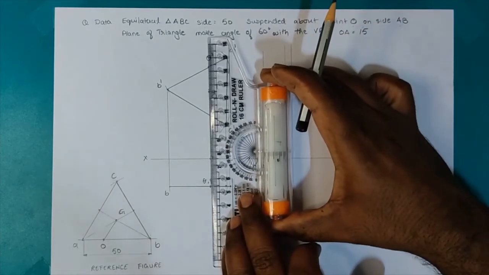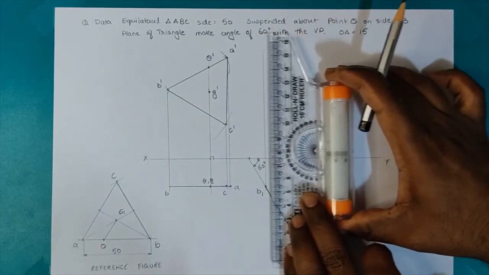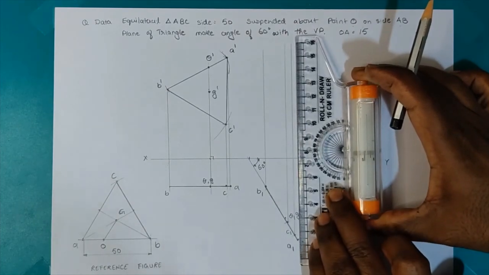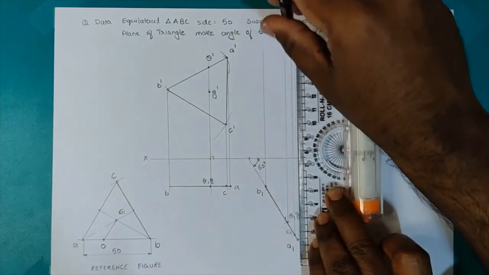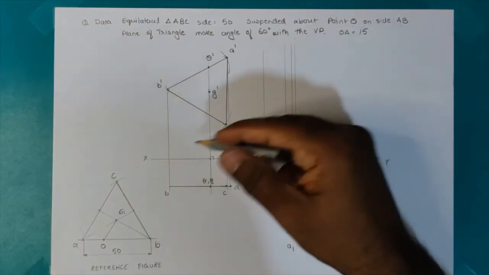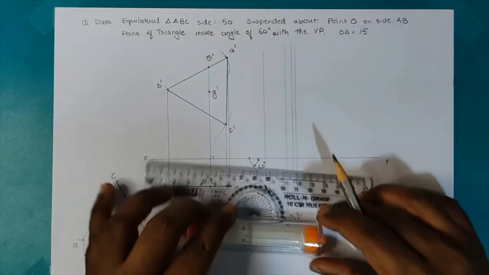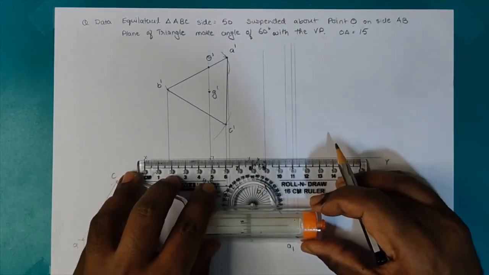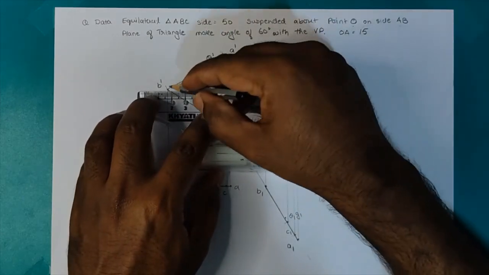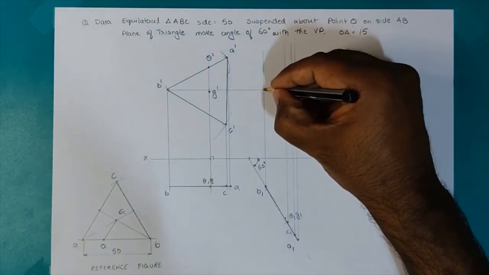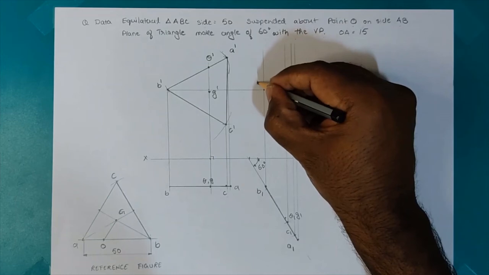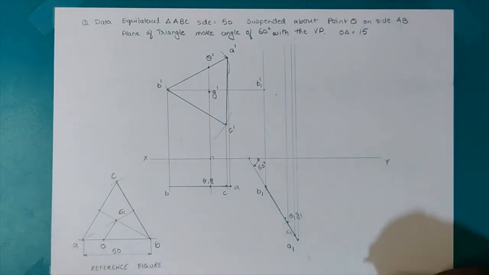So all the projectors I am drawing, and I will be finding the projector intersection with the locus that I will be drawing from the front view of step 2. So I am drawing locus of B dash first and find the intersection with projector of B1. So I get B1 dash.